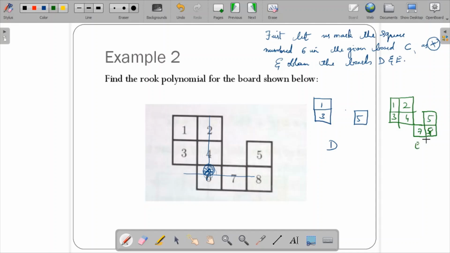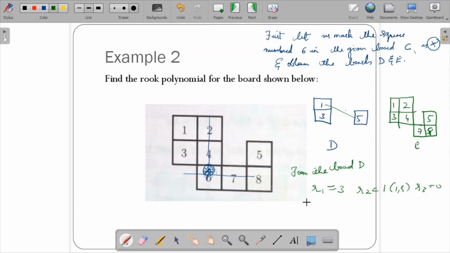So from D you can see that R1 is equal to 3, and R2 can be paired only 1. So from the board D, R1 is equal to 3, R2 is equal to just these two pairs, so that is 1 comma 5, and R3 is 0.